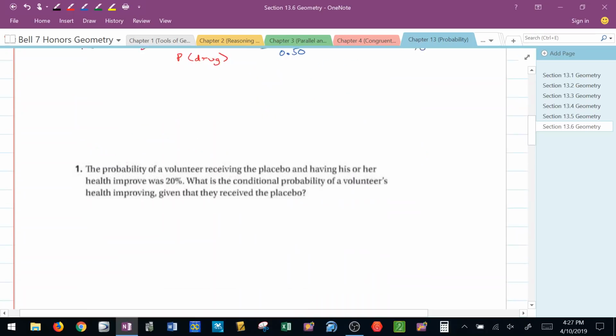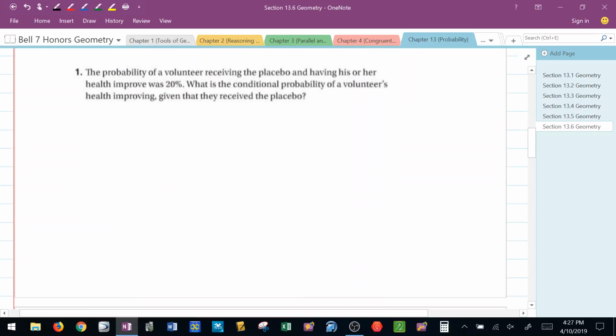All right, let's try another one. It says the probability of a volunteer receiving the placebo and having his or her health improve was 20%. What is the conditional probability of a volunteer's health improving given that they received the placebo? So it's the probability of getting well, given that this time they got the placebo.